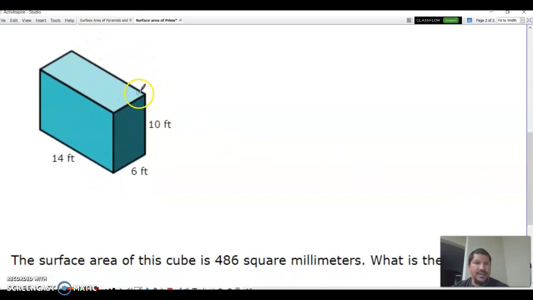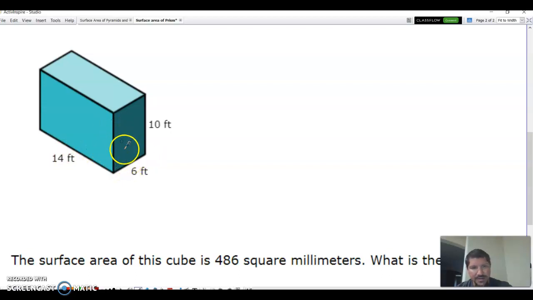Alright, so here is a rectangular prism. Now, it doesn't matter which rectangle you use as the base, but you need to determine what is my base, because then that's going to tell you what your height is. You could use this rectangle as your base, which if you do, then that's 14 by 10.